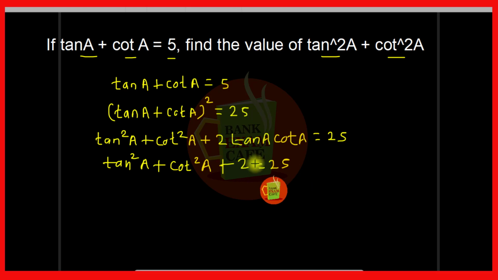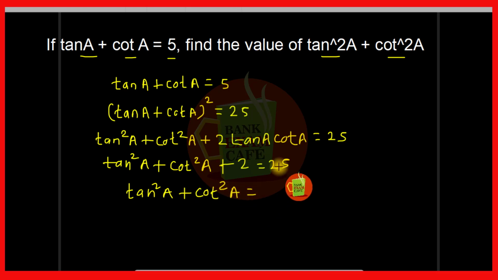And therefore, take 2 to the other side, and you will get tan square A plus cot square A equal to 25 minus 2, that is 23. And here we have got the value of tan square A plus cot square A, that is equal to 23.